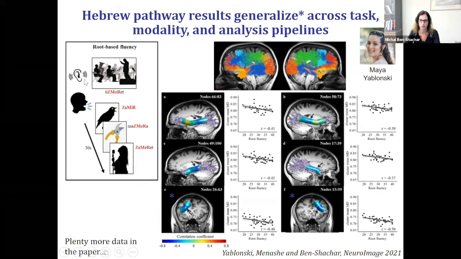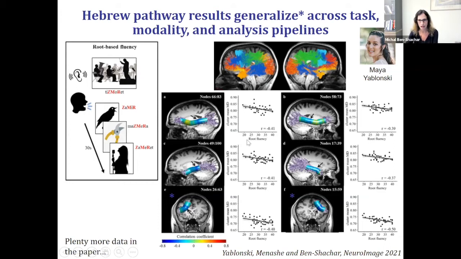As you can see, there are many things that are different between this task and the prior task, except this again relies on extracting a root, and it also requires morphological processing. When we measure how many words these participants produced, we call this root fluency.